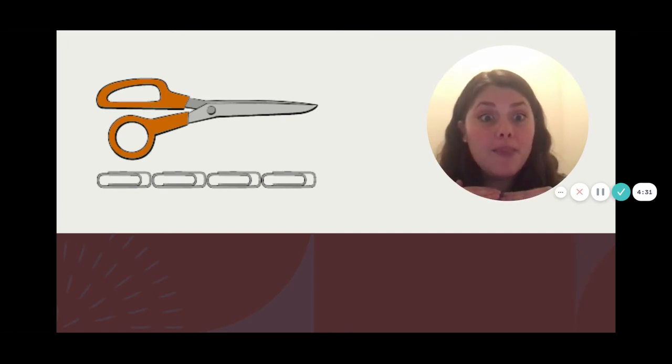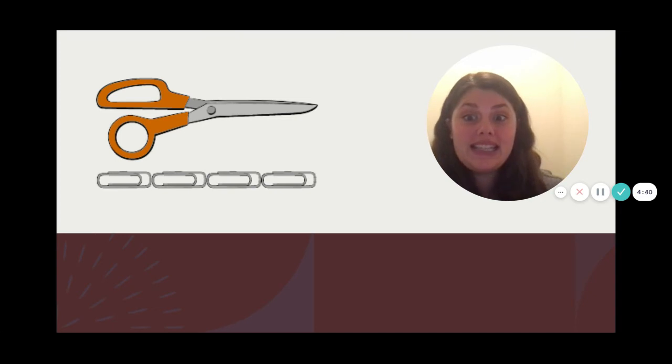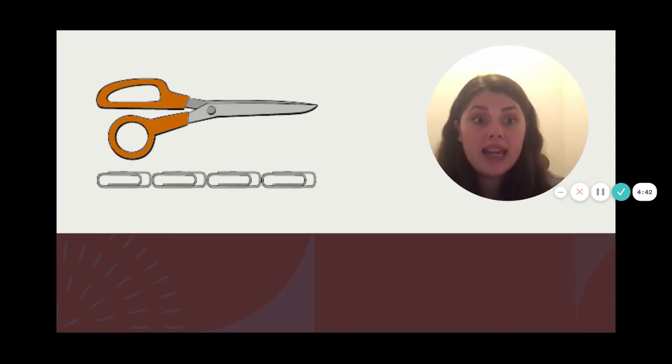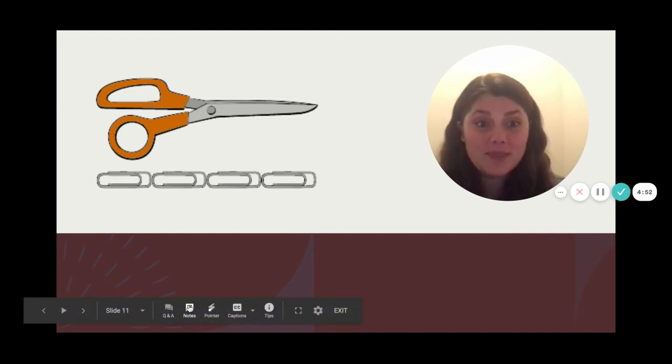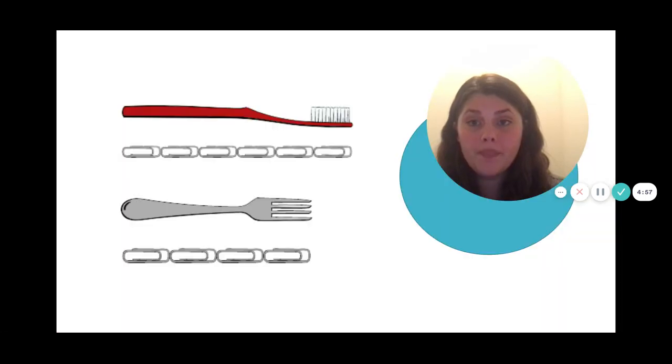And you place the paper clips one right after each other, and we can use that as a form of measurement. For example, the scissors, Keeble Cubs. How many paper clips long are these scissors? That's right. They are 4 paper clips in length. Good job, Keeble Cubs.